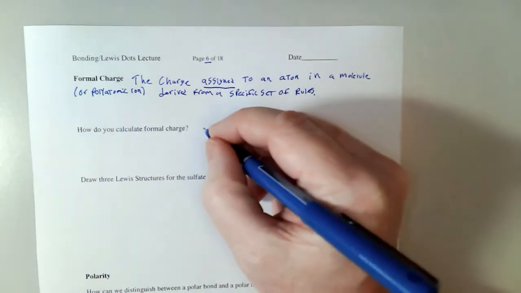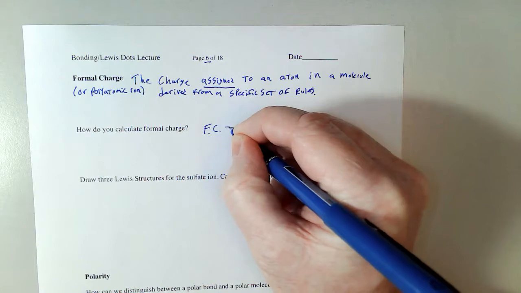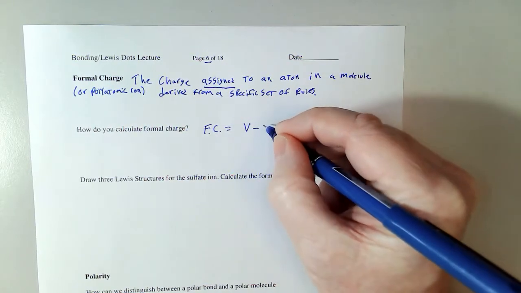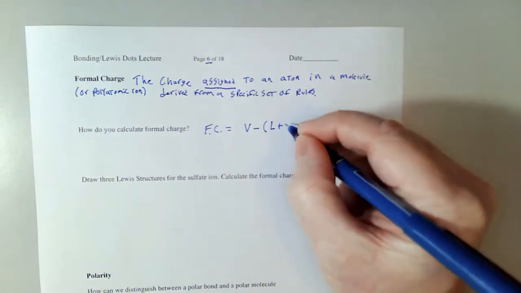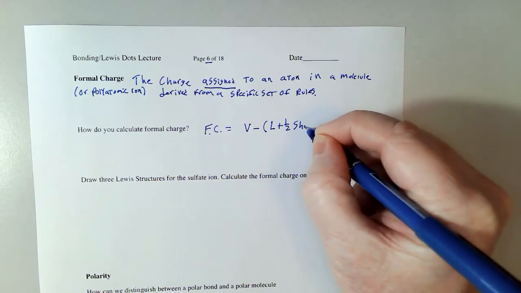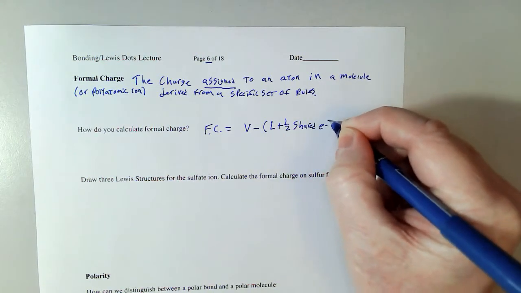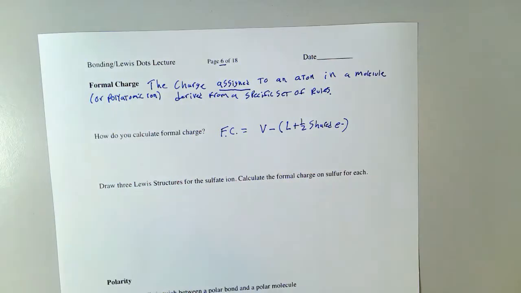You calculate formal charge with V minus L plus 1/2 of the shared electrons. Now, let's kind of explain that.